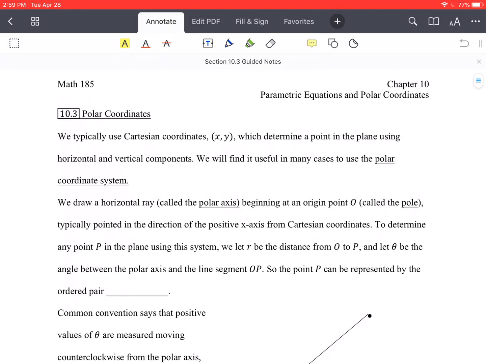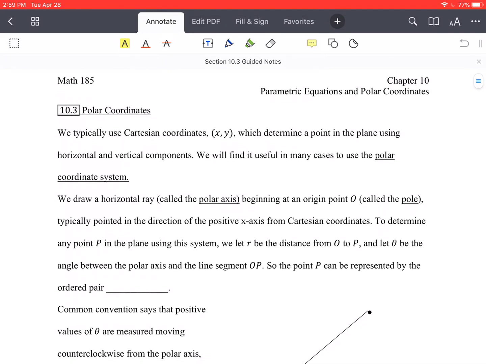So typically what we've been using throughout our entire mathematical careers up to this point have been Cartesian coordinates, and these are also called rectangular coordinates, but we call them Cartesian, particularly after René Descartes, who was a philosopher and mathematician who ended up creating this coordinate system. So we use the point x comma y to determine a point in the plane using horizontal and vertical components, right?